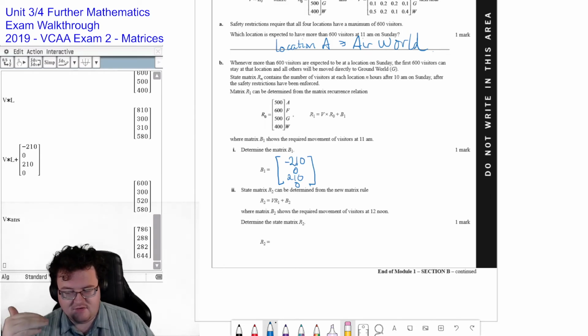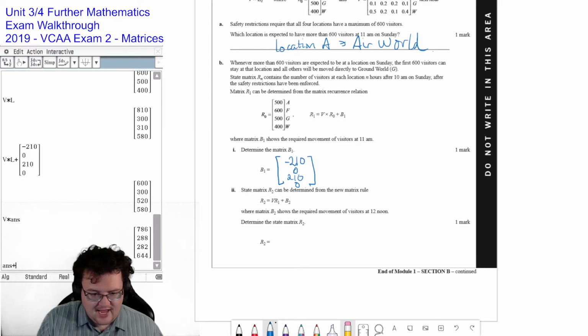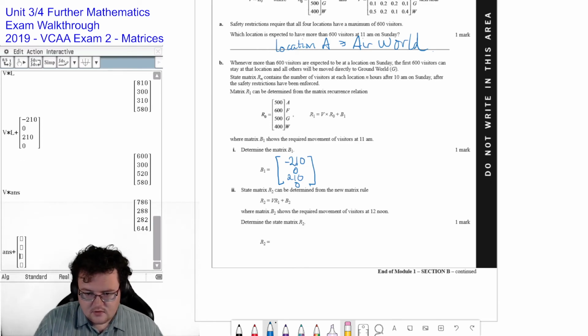So what we have to do is figure out where we send all those people. Well, the rules say if you have more than 600 at a location, you move them on to G. So how many more do we have at A and W? So to this, we're now going to add, well, clearly 786 is 186 over.